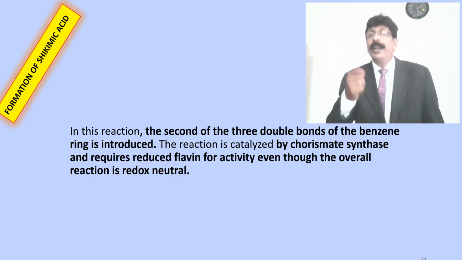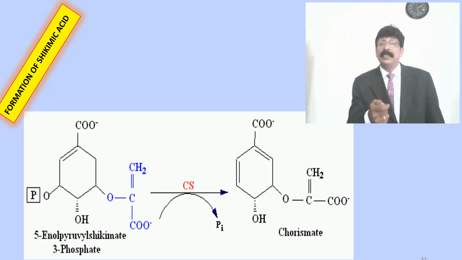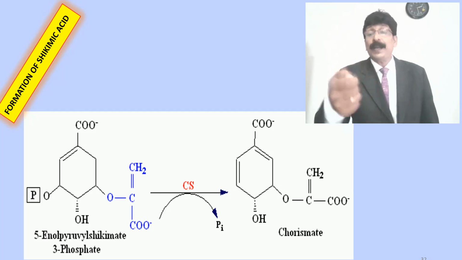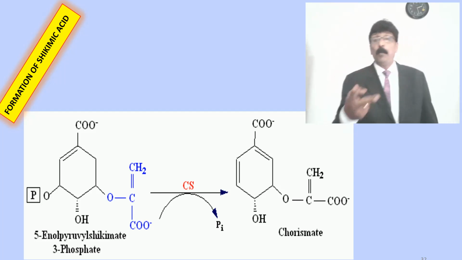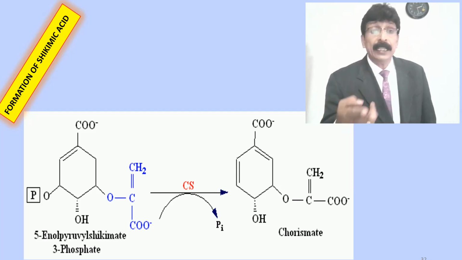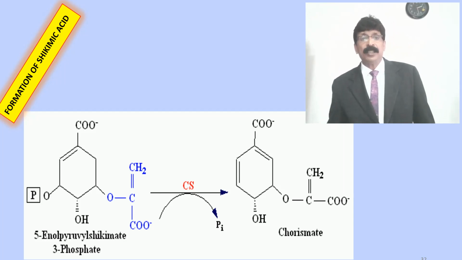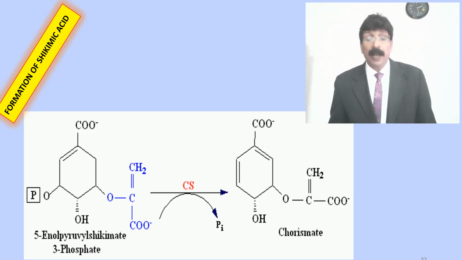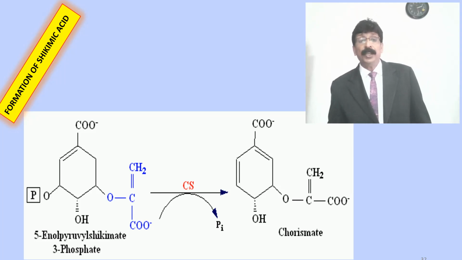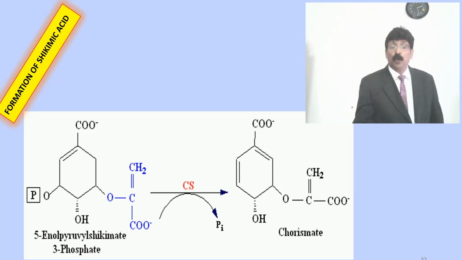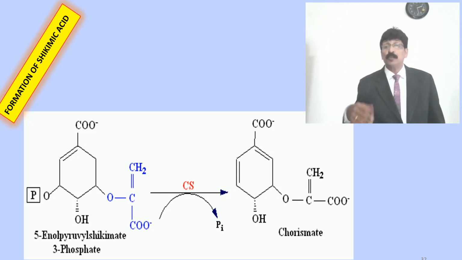We need 3 double bonds in a benzene. You are getting this chorismate, the intermediate, with 2 double bonds by means of this reaction. So enol pyruvyl shikimate phosphate is converted into chorismate by means of chorismate synthetase. So that is the enzyme which is giving chorismate.